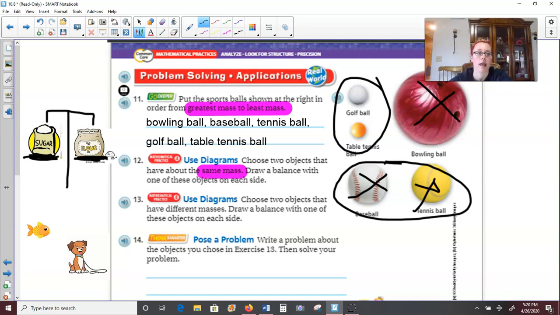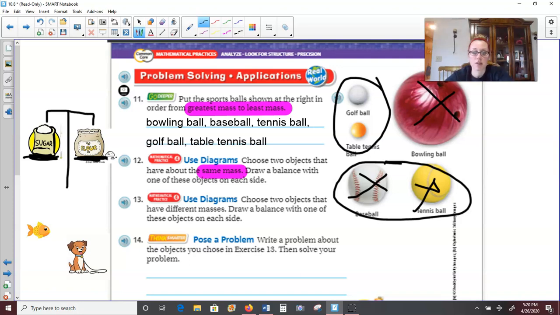Or maybe a gallon of milk and a gallon of orange juice would have about the same mass. Okay? Don't spend a whole lot of time there. Again, it's kind of hard to answer these questions when we don't have our scale to practice on.